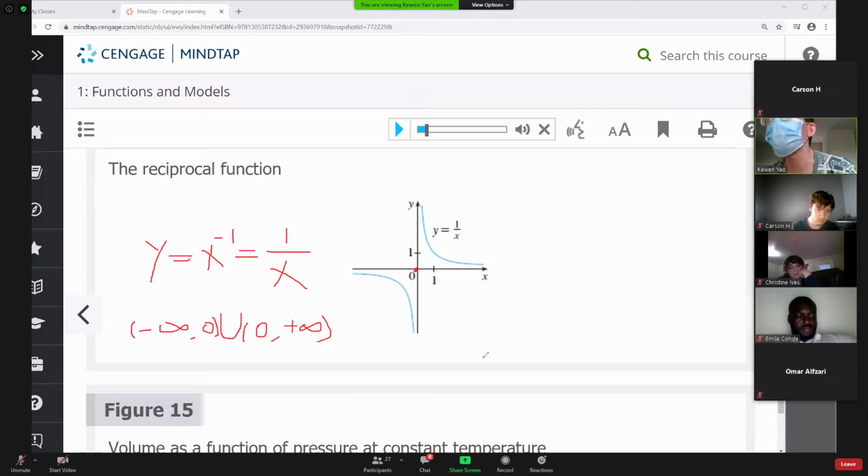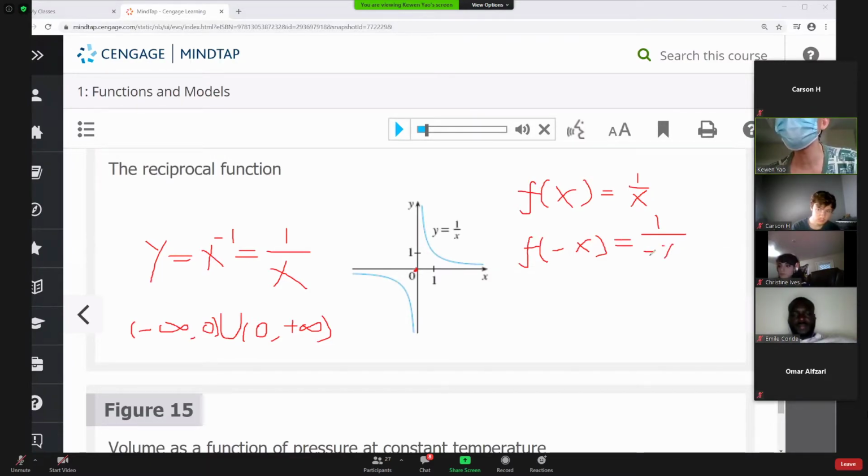Or you can use f(x) equal to 1 over x. This is the function, and we want to use the definition. So you look at f of negative x. Let's see what happens. What's f of negative x? Replace x by negative x, so you have 1 over negative x.